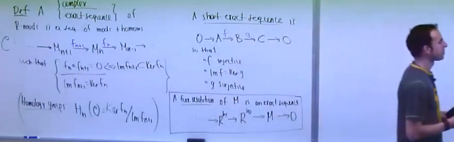Okay. So let's go back and discuss this example again. So here's a module, right? And we want to resolve it. And so a free resolution is that thing, but it also means exactly this process of taking syzygies. Okay?